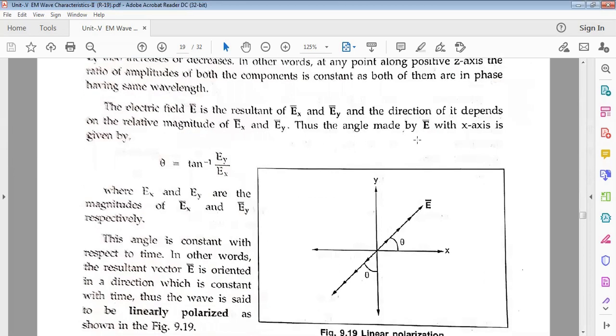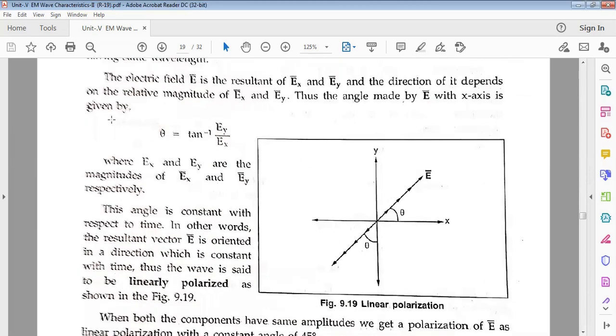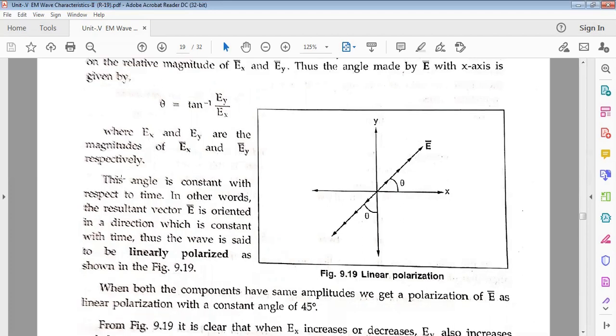The angle made by E bar with the x-axis is given by theta equal to tan inverse of Ey by Ex, where Ex and Ey are the magnitudes of Ex bar and Ey bar respectively. This angle is constant with respect to time.